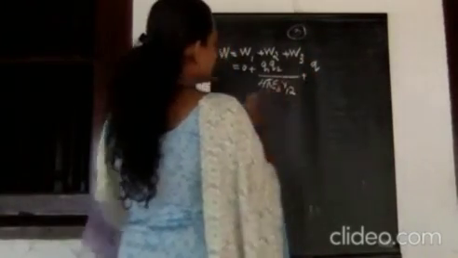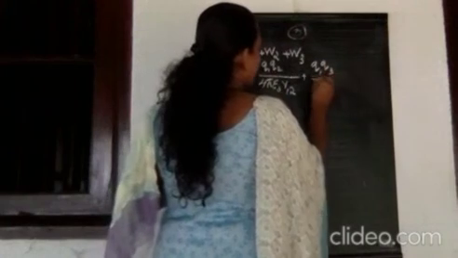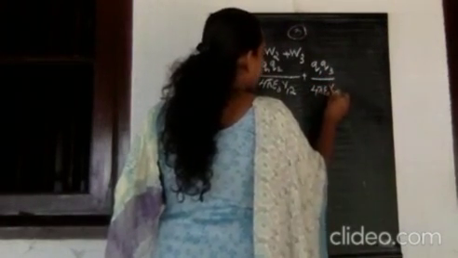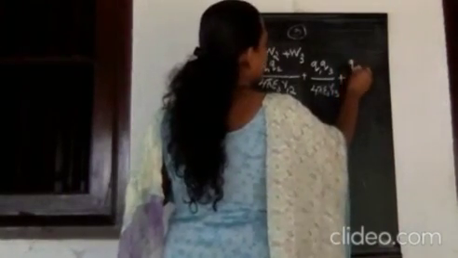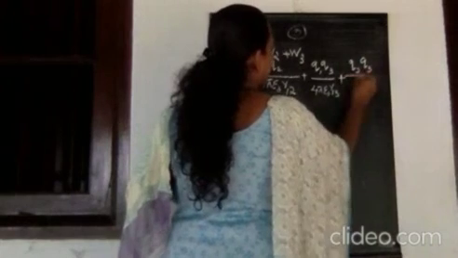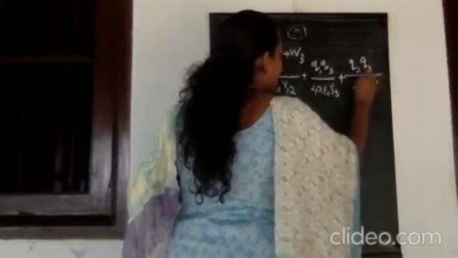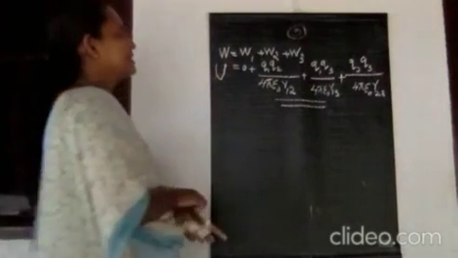W3 means 2 terms are there. The first one is Q1 Q3 divided by 4 pi epsilon 0 R13 plus Q2 Q3 divided by 4 pi epsilon 0 R23. This is the expression for potential energy of a system of how many charges?